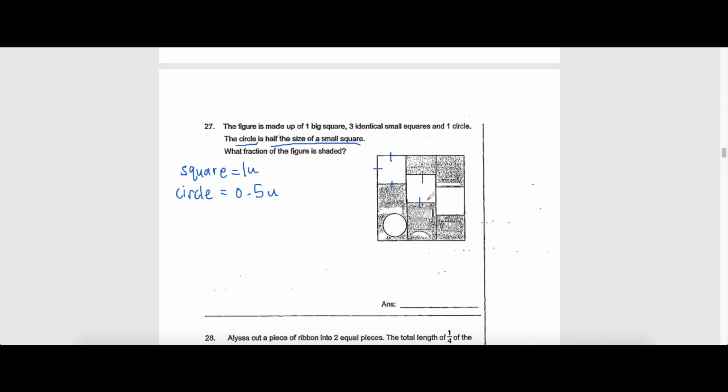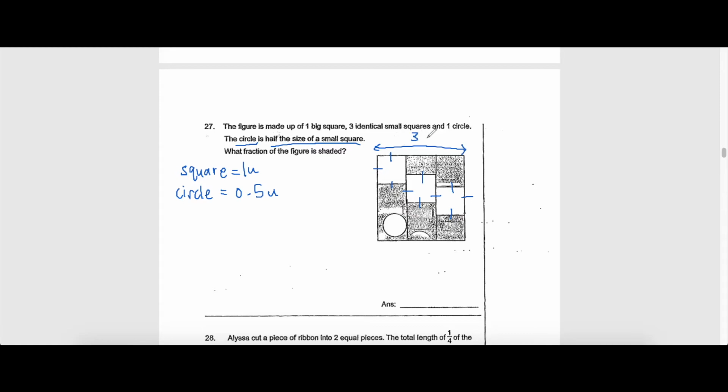Okay, and since these are squares, they have the same sides. So do you realize something? The big square is actually made up of 3 small squares, 3 sides of a small square.